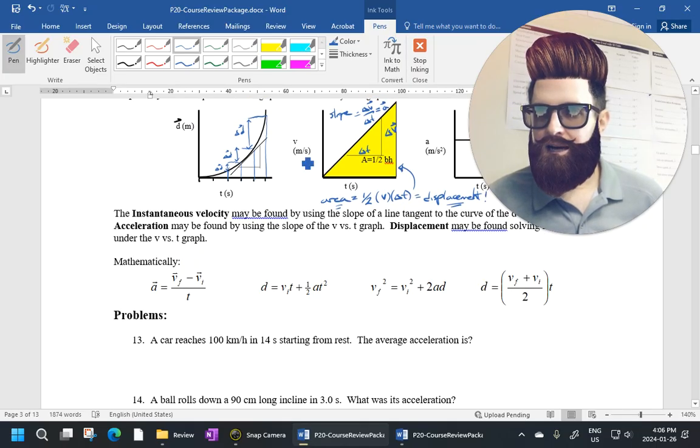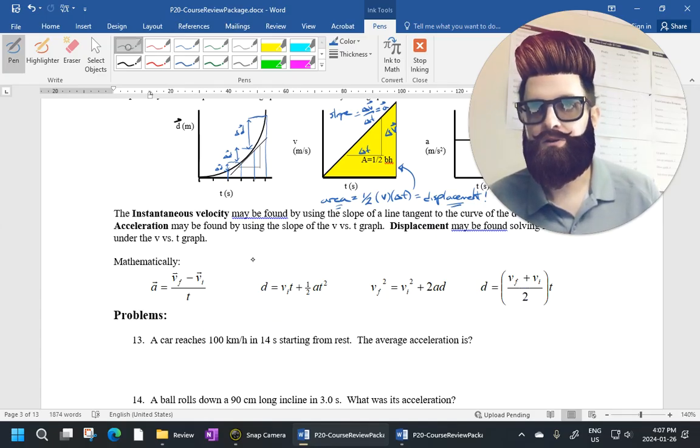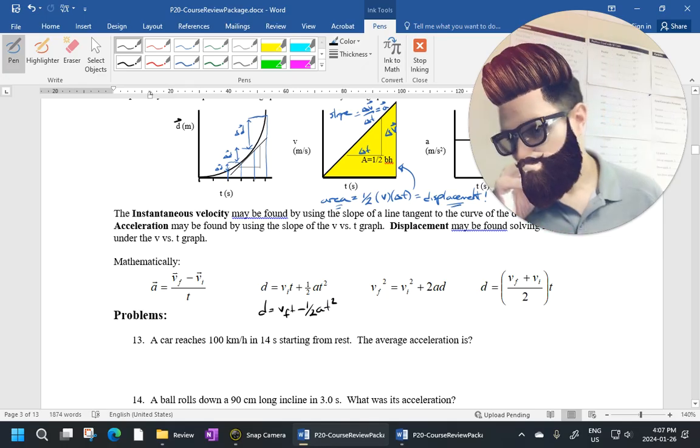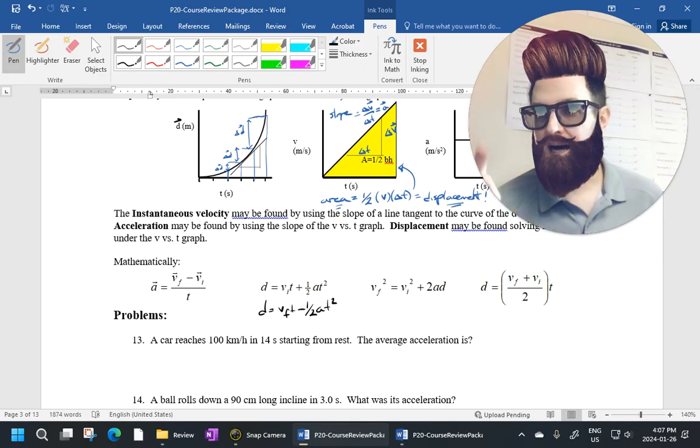All right, so what we did in class, we looked at these graphs and we developed these 5 formulas here. You only see 4 here, but one of them is not written down. We don't use that often, but it is the VF formula, VFT minus 1/2 AT squared, but it's the same idea. If I'm given a final velocity rather than initial velocity, I use that one. So we got these 5 equations.